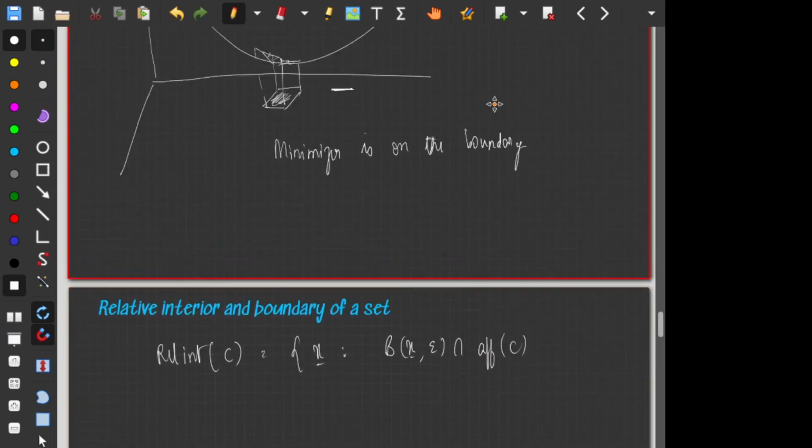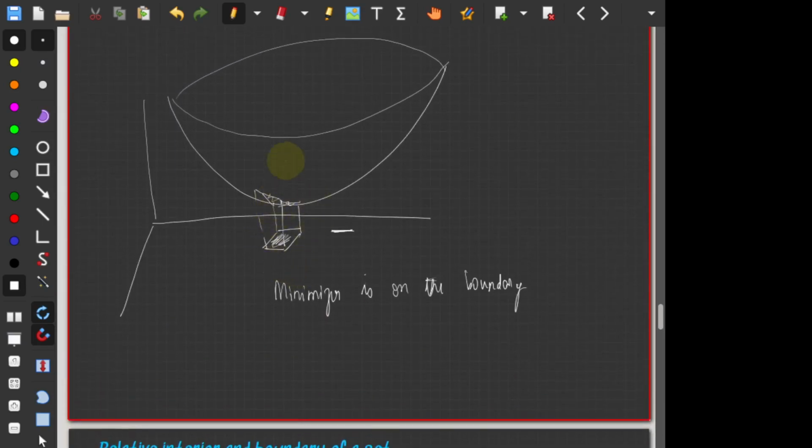So for example, let's go back to this particular example that we had, right? Suppose that my original constraint set was a rectangle, a closed rectangle. What would be the interior of this particular set?